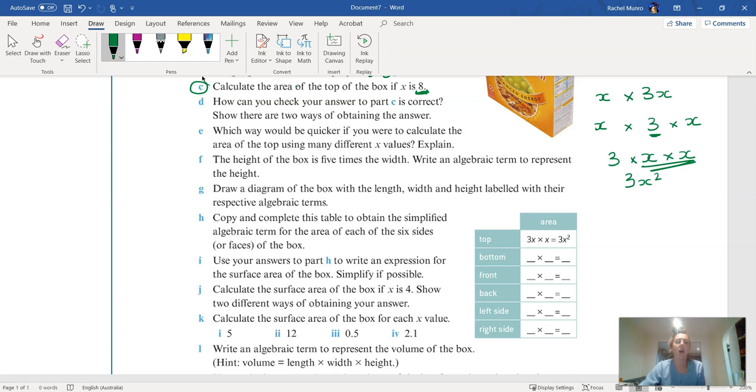All right? I want you to think about how you can check your answer to part C. And I just want you to complete E for now.